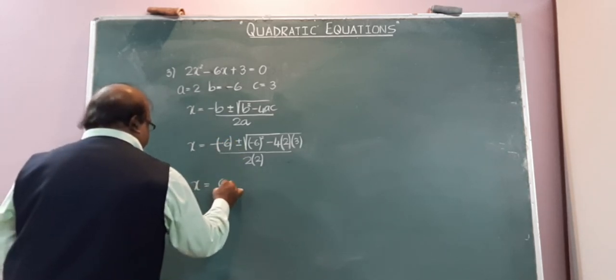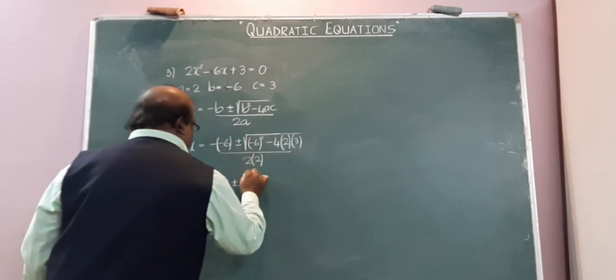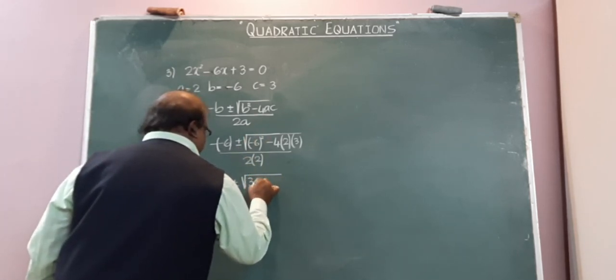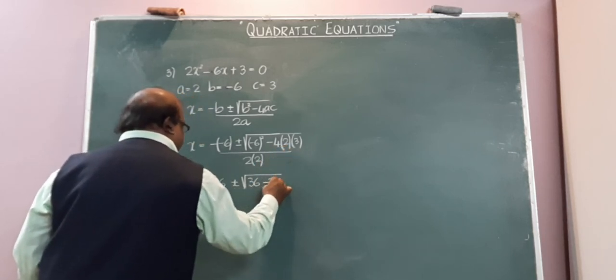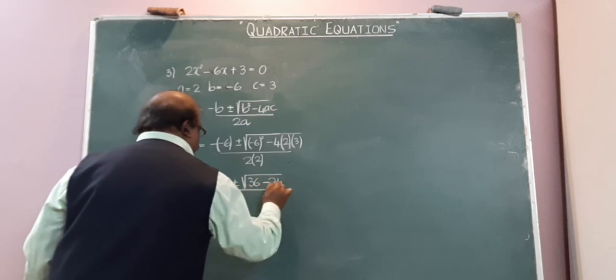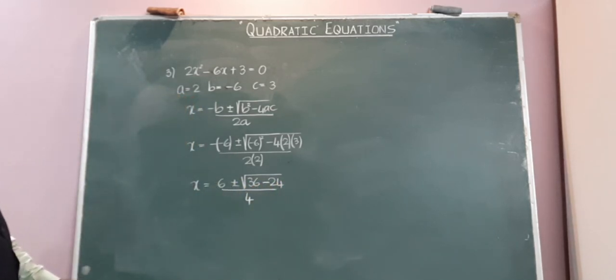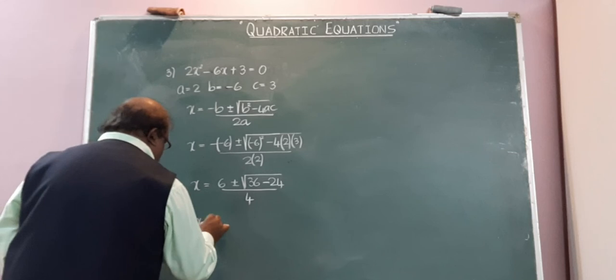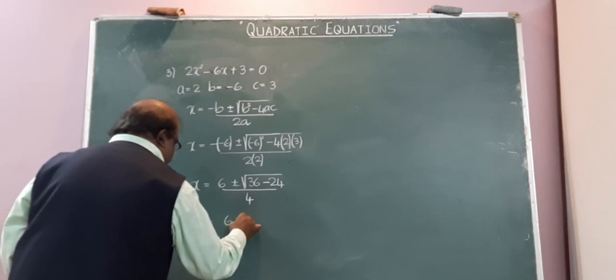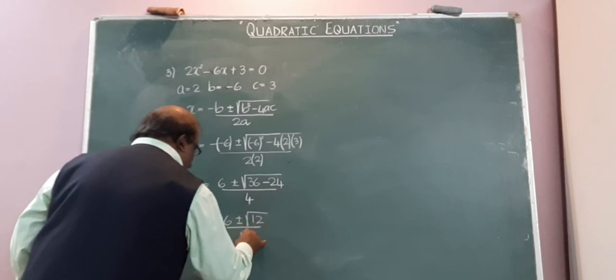Minus into minus plus, minus 6 the whole square 36, minus 4 2s are 8, 8 3s are 24, upon 4. So what am I going to get? x is equal to 6 plus or minus root 12 upon 4.